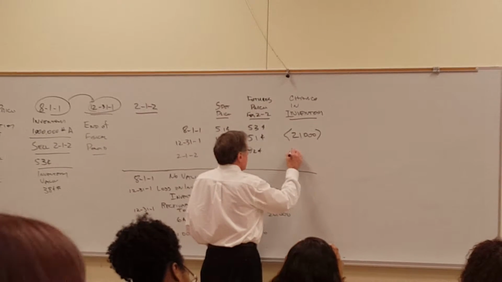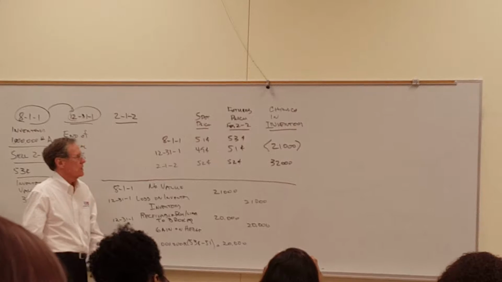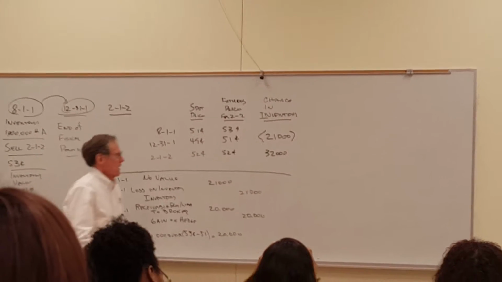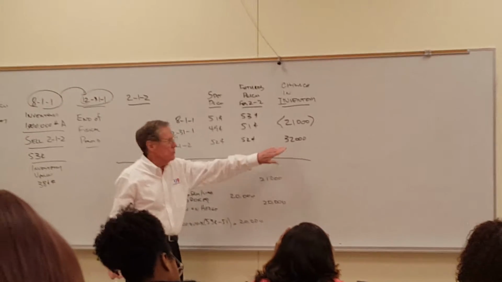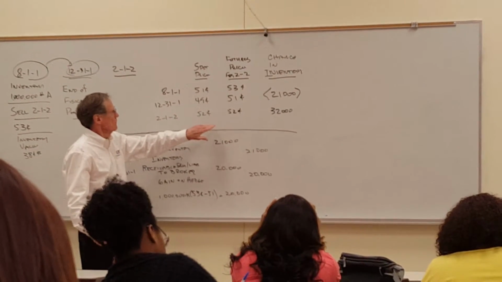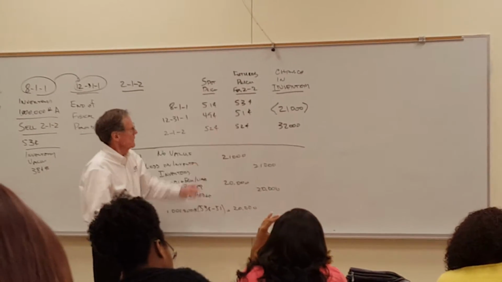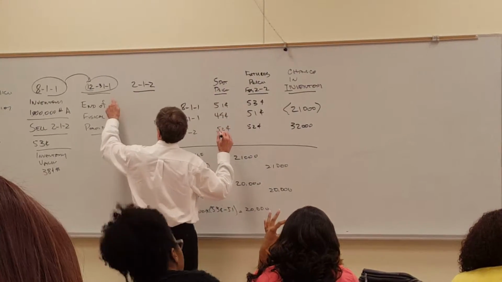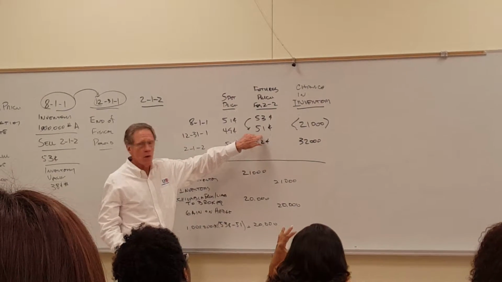And our inventory went up by $32,000. So we need to, one, take care of the change in inventory value, and two, take care of the change in the futures value, because at 12/31 we adjusted at 51 cents.